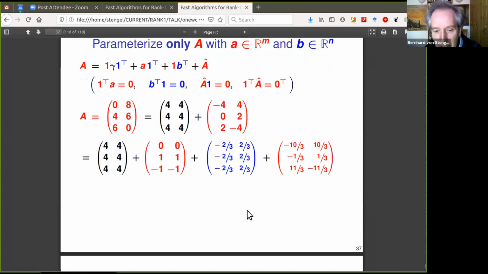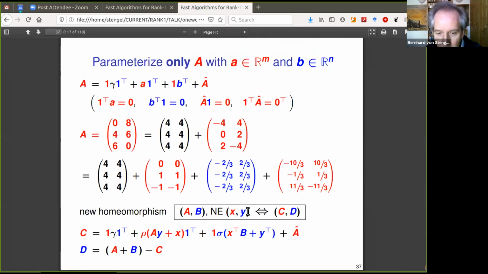And now the trick is that the new homeomorphism does exactly the same trick, but it only manipulates C. So the same gamma, the same base game here, but I say take AY plus X and X times both B plus Y, projected down to the hyperplane that goes to the origin, which allows the exact same reconstruction.